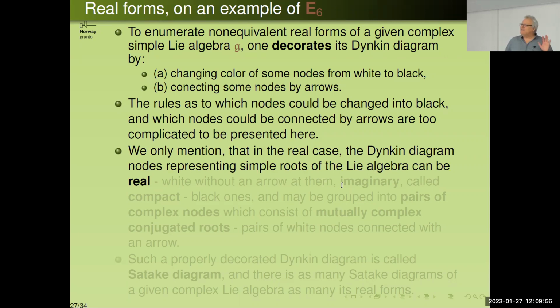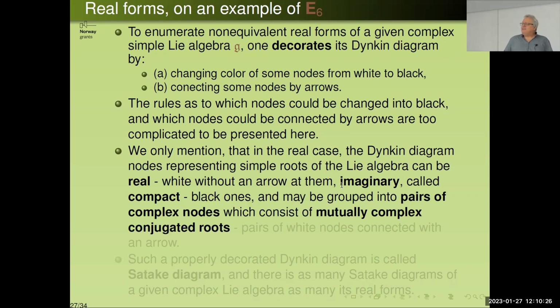I only mention that in the real case, the Dynkin diagram nodes representing simple roots of the Lie algebra can be either real, and then you leave them on the diagram as white, or imaginary, called compact, and for these nodes that correspond to simple roots which are compact, you make them black. Or they could be such that the nodes correspond to simple roots that are complex conjugated.